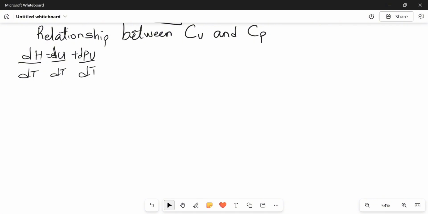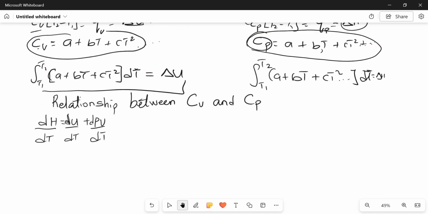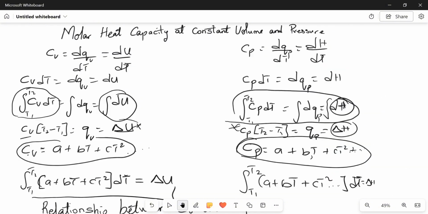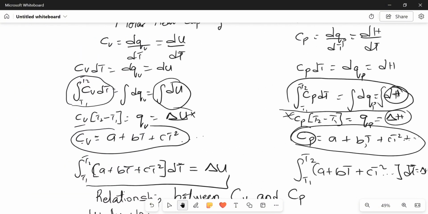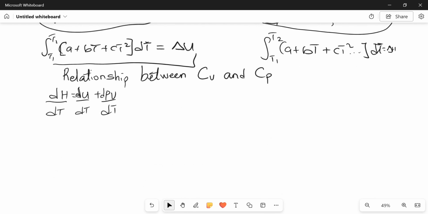Nice. Now del H over dt, if we go back to our notes, we have del H over dt to be equal to what? Cp, right? So we can replace this with what?